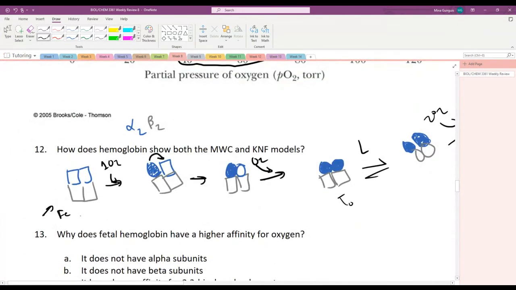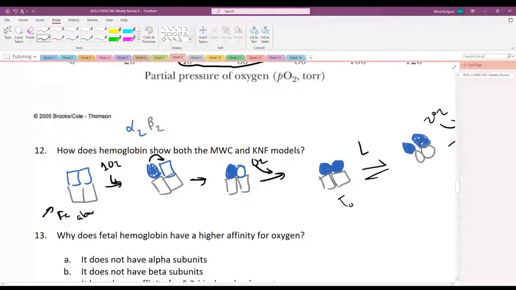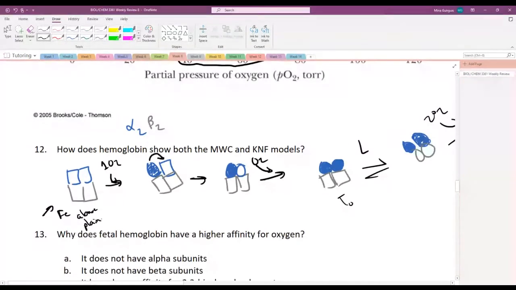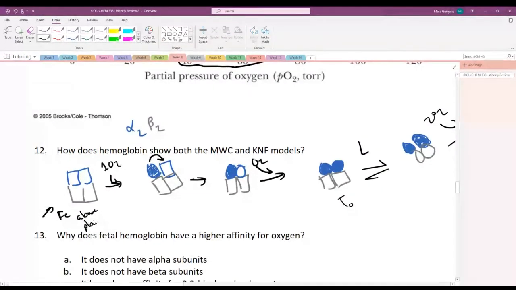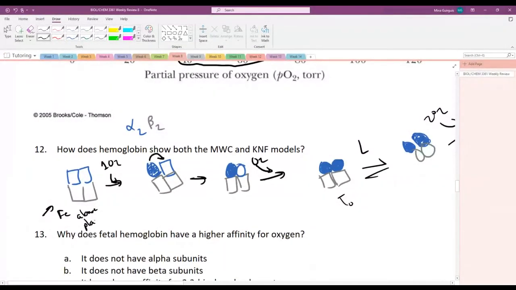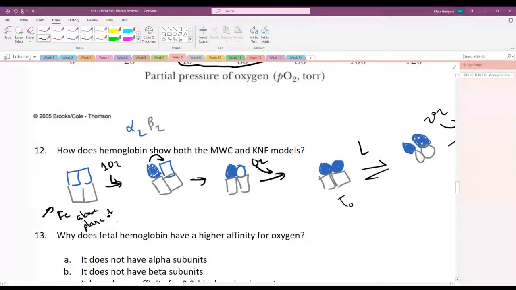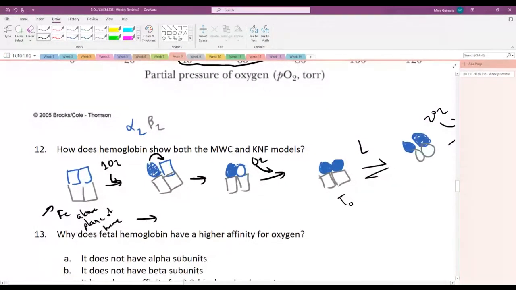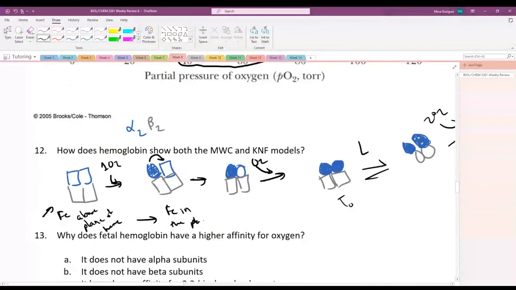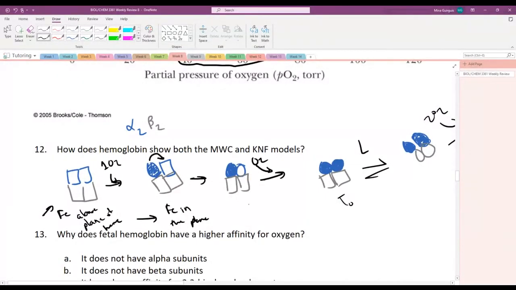Iron above the plane of heme. As soon as the first one binds, iron is now in the plane. I hope I'm using the right plane. I apologize if I'm not.